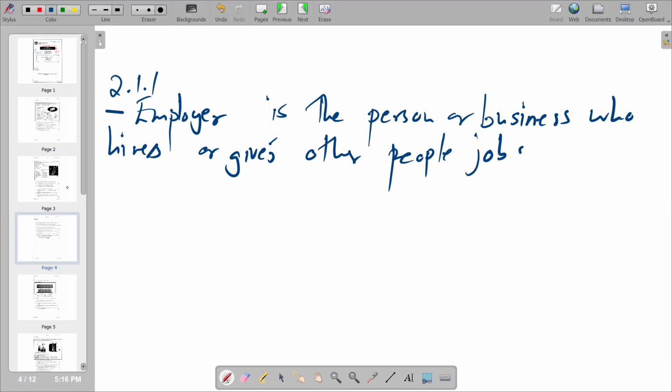Then, if you look now at the employee, it is a person, or be it an institution, that has been hired, and the party that has been hired becomes the employee.